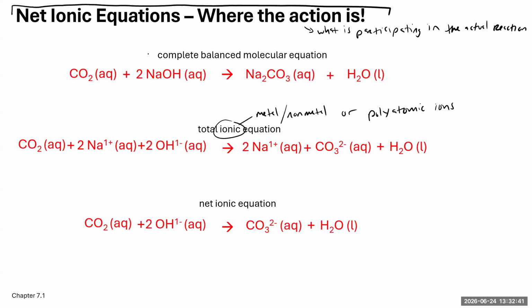Again, we're going to start with the complete balanced molecular equation, which we just finished. When we separate things, it's going to be a total ionic equation. And then when we get rid of the stuff we don't need, it's what's called a net ionic equation.